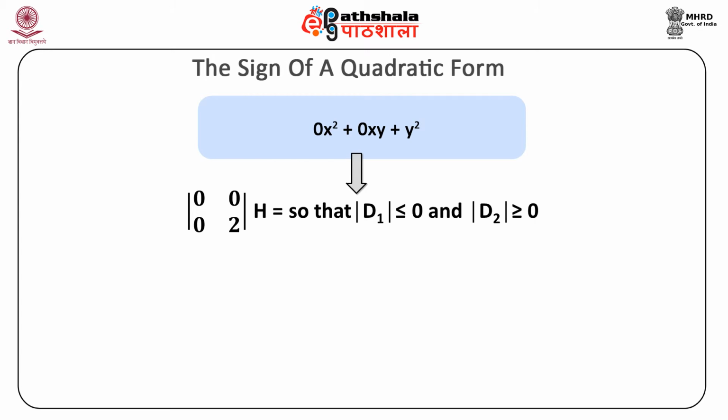It can be shown that if the sign conditions with inequality are satisfied for all the principal minors and not just leading principal minors, then the quadratic form will be positive or negative semi-definite depending on whether the minors are all positive, greater than or equal to 0, or alternate in sign as described.